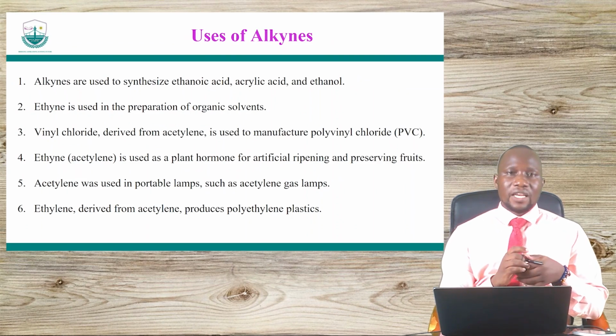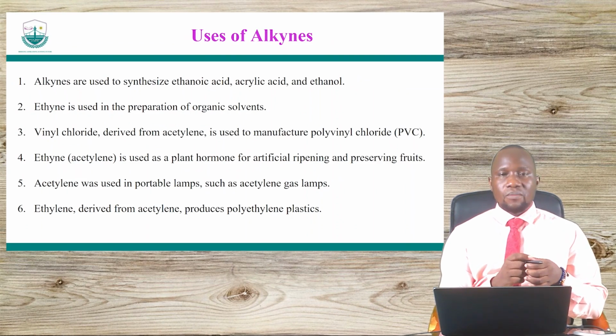So when do we use alkynes? Alkynes are used in preparing a number of solvents. For example, preparation of organic solvents, ethanoic acid, acrylic acid, ethanol, and then the pipes that are connected to your homes.